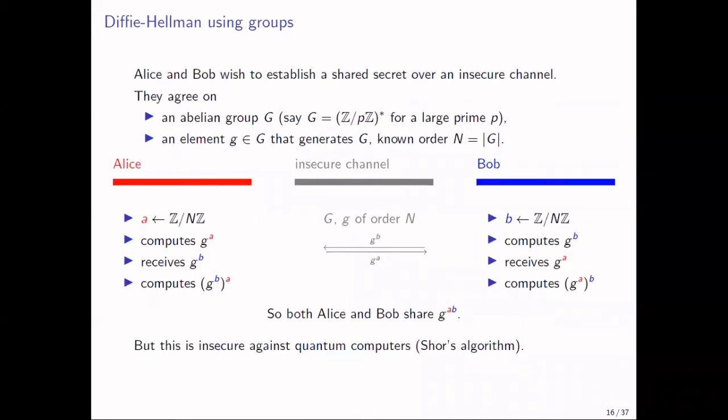So this is secure as long as discrete logarithms are hard. But mainly, this is insecure against quantum computers using Shor's algorithm. What we use now works almost the same way and is not secure against quantum computers, and that's why you would like to replace it. And one way to replace it is the following.